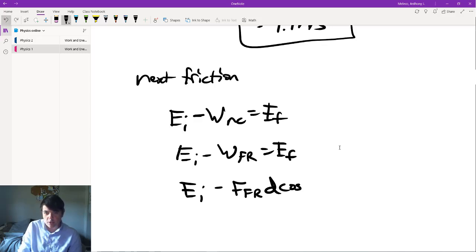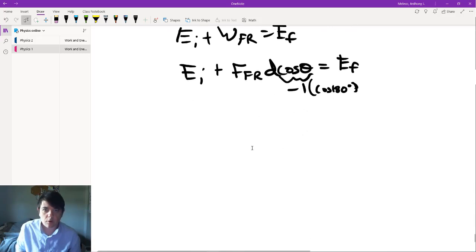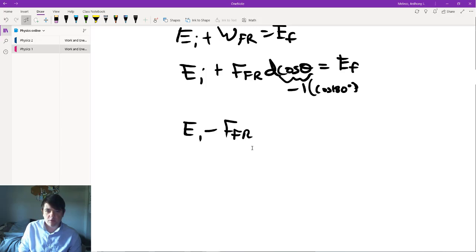You don't have to actually worry about that because that's built into this negative sign here. That's where the negative sign comes from. I guess you could do plus, and then cosine of that, and then this becomes -1 because cosine of 180. And so then you get E1 minus force of friction D equals EF. Okay, so now we can actually start doing this.